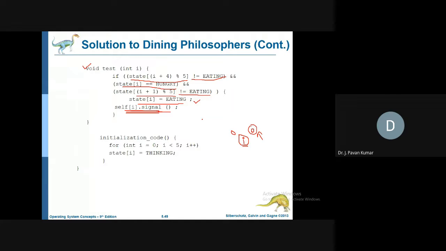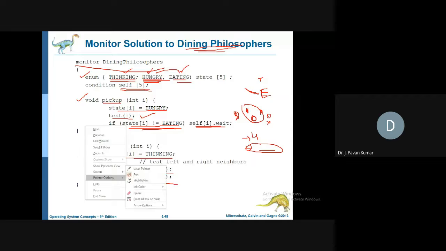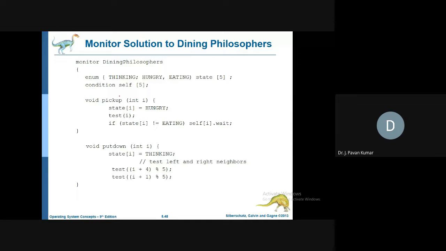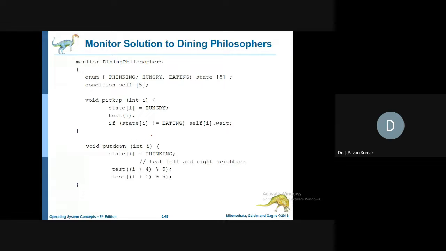Okay, this is about the dining philosopher problem solution by using monitor. And the main thing that you have to understand here is that the procedures we have here, pick up, put down, and test, are all procedures that can be accessed by the programmer. They cannot define these on their own, so that process synchronization can be ensured and deadlock can be avoided.